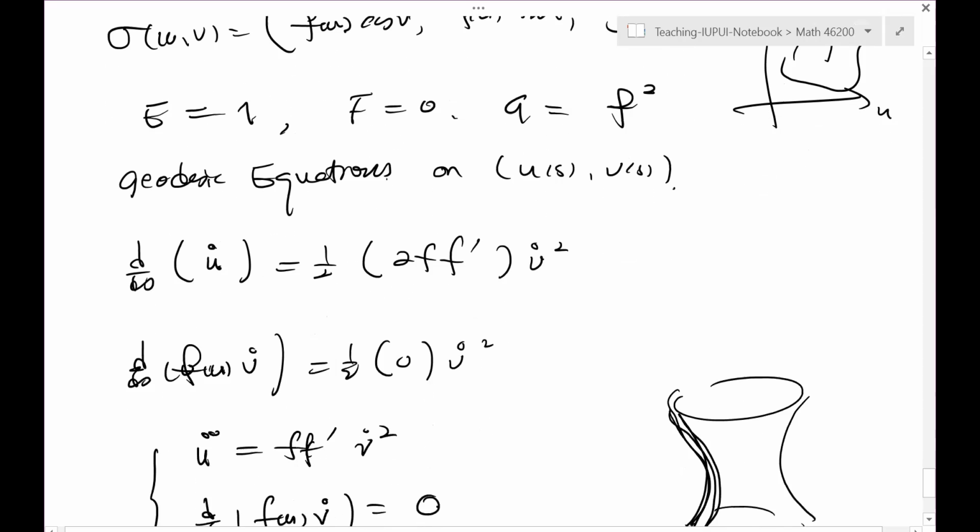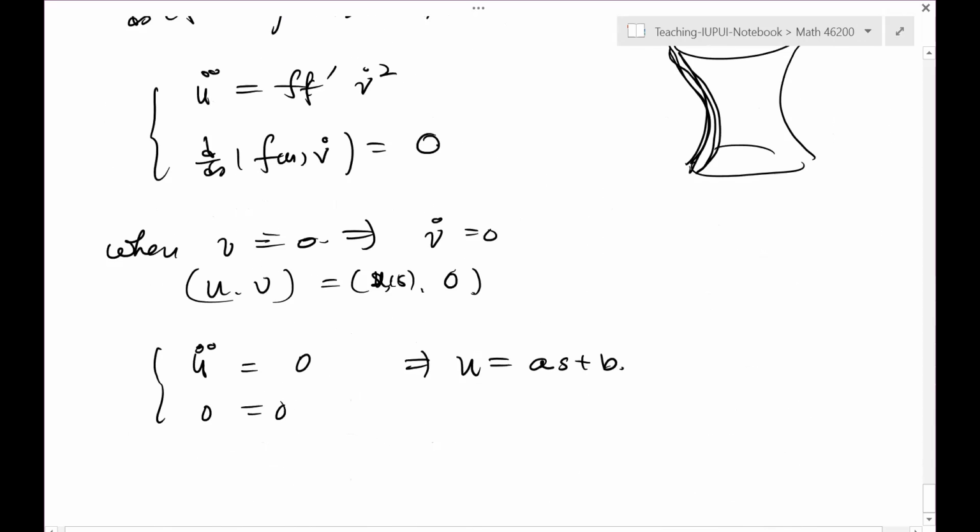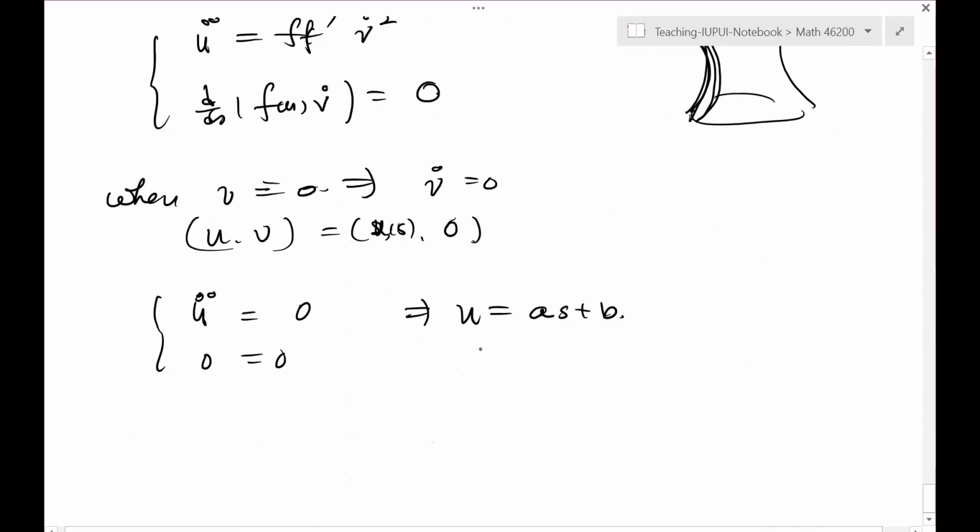When v is a constant, that means it's always a geodesic.